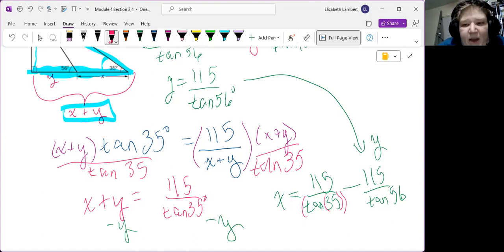Then I have minus, and it's just a number on top, so I'm a little daring. I don't put parentheses around my numbers if it's just a number, but you could, it's not wrong. And then down here, it's going to be the same thing. If you don't close that parenthesis that's around the angle, you're going to have the minus 115 over the tangent inside the first one, and we don't want that. We want this to be two distinct things, so be very careful about how you type it in.